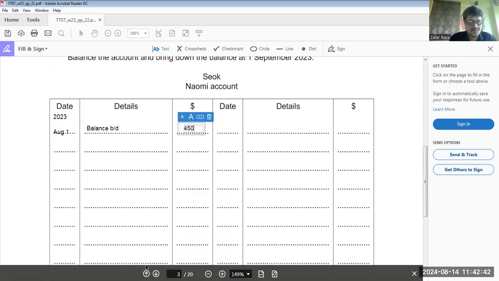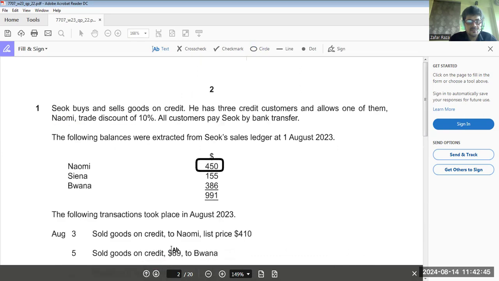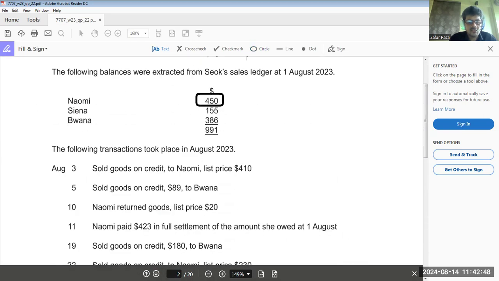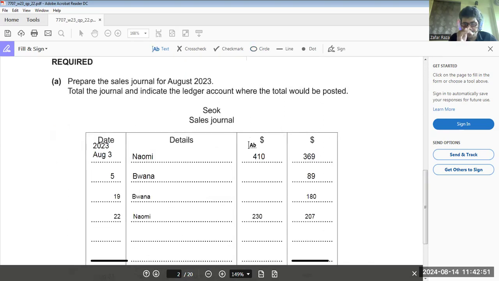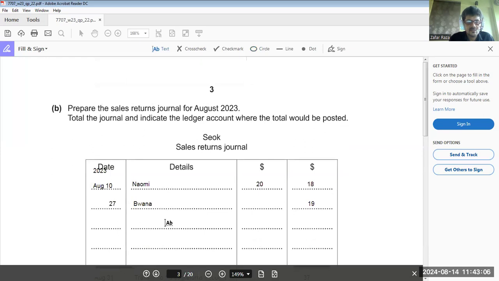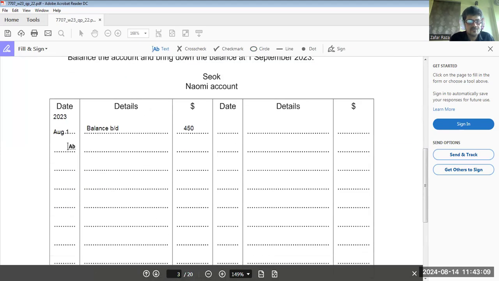Okay. Now again we have to go to the transactions. In our sales ledger, we have sold goods for 369. Okay, we won't get the amount of 410 in our ledger. The sales ledger will take only 369 for sales on August 3. Sales, amount 369. Okay.